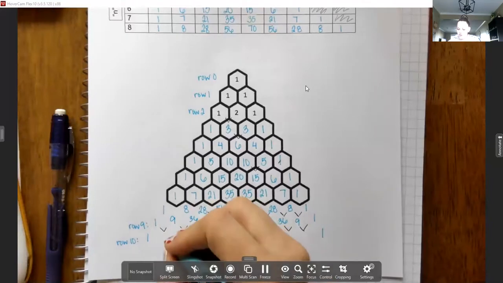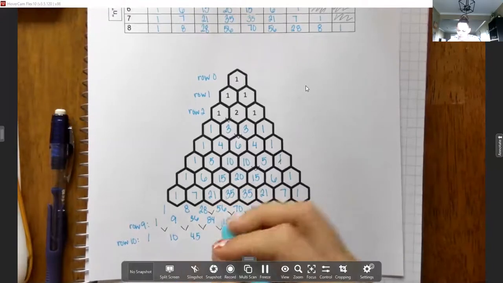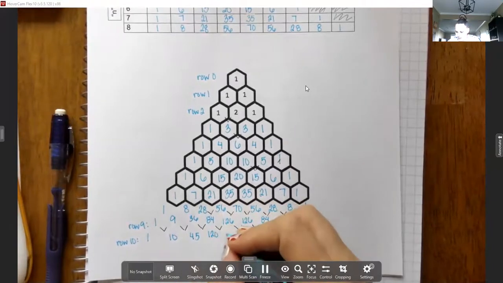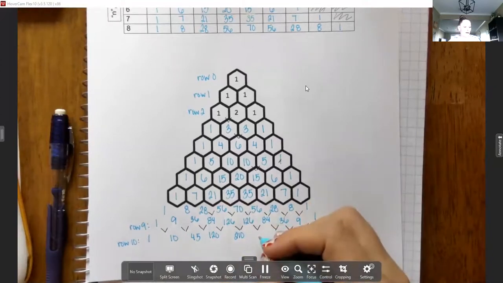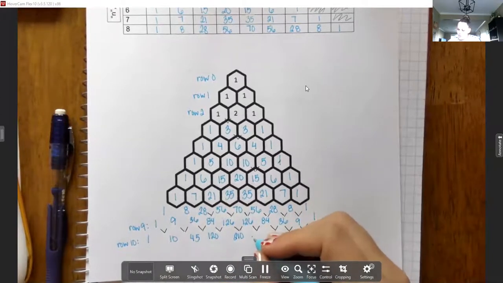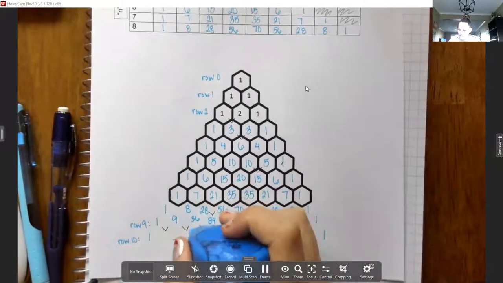All right, so row 10 should be 1, 10, 45, 120, oops, 210. I wrote that 120 in the wrong spot. I've got all of these a little bit off.